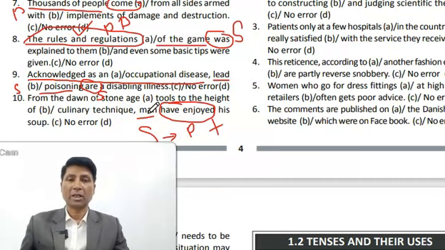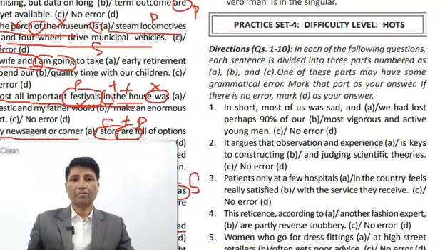And this book has one more set, that is called high order thinking skill questions. Now I am going to show you how you can solve even high order thinking skill questions with the help of the concept and surefire shortcut trick. Now look at practice set number 4 and you can understand the level of questions that I have provided in this practice set.